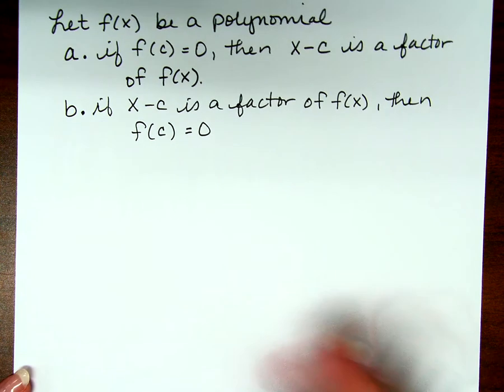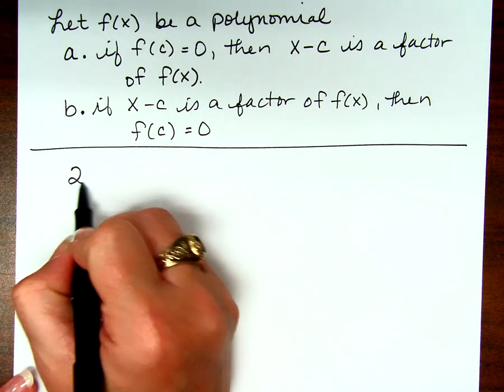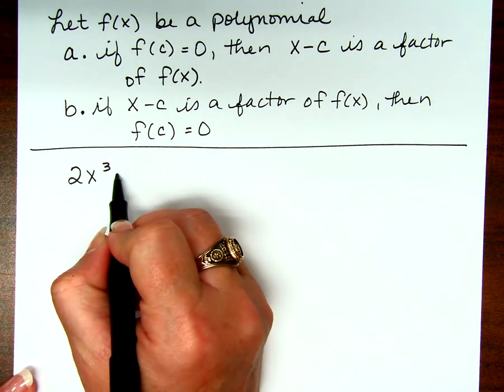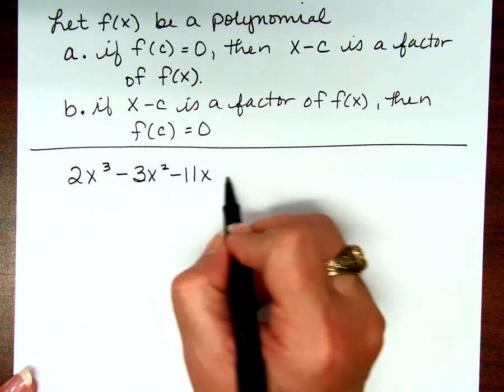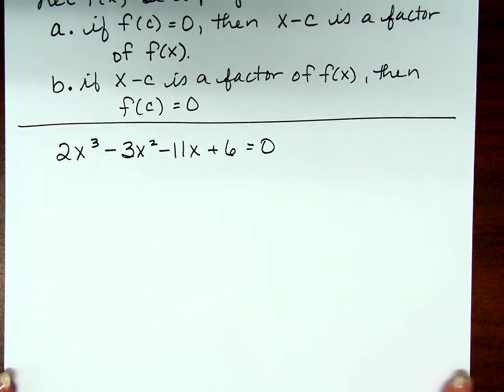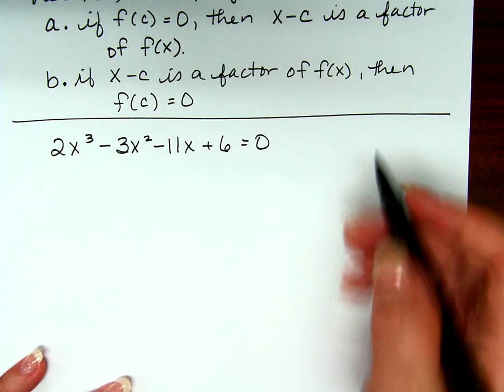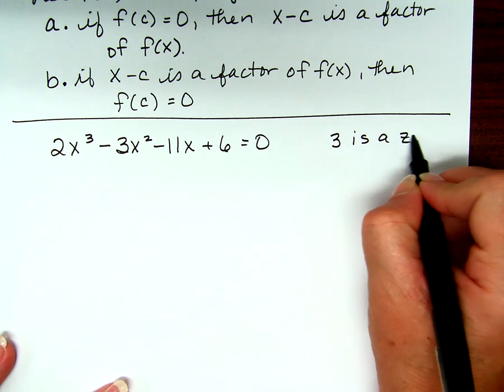So, 2x cubed minus 3x squared minus 11x plus 6 equals 0. That's the problem. Okay? I'm going to tell you right from the beginning, 3 is a 0.